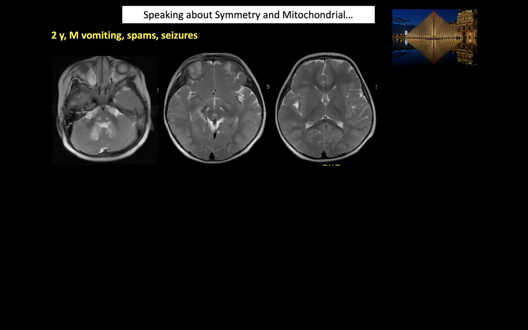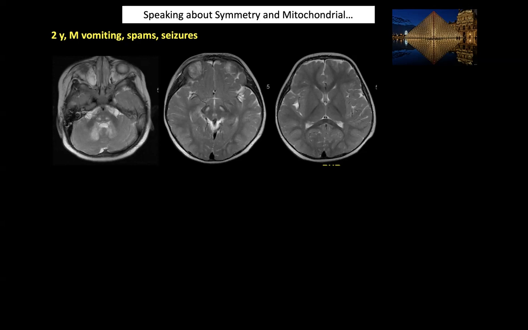You see here this hyperintensity in the midbrain, pons, and cerebellar peduncle and deep cerebellar nuclei, and this is a pattern, again, bilateral and symmetrical, but without involvement of the basal ganglia whatsoever.